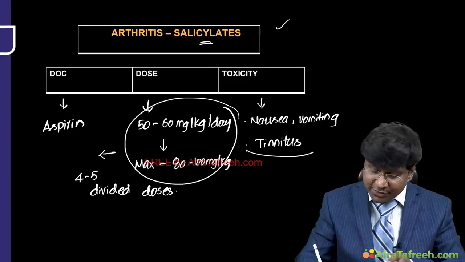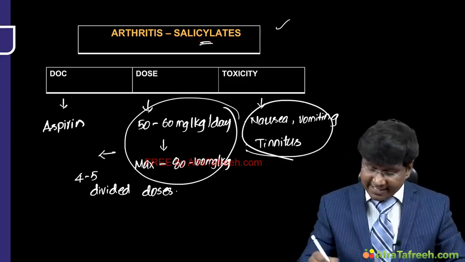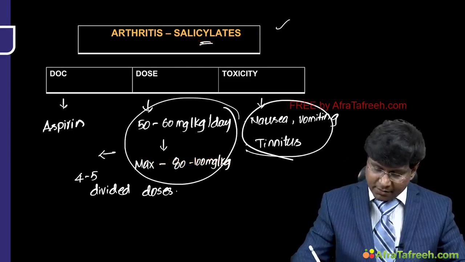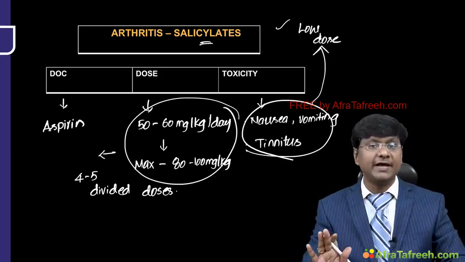Okay, so these are the things you have to look for, the toxicity of aspirin. And if these symptoms appear, instead of using the high dose, you have to use the low dose of aspirin.